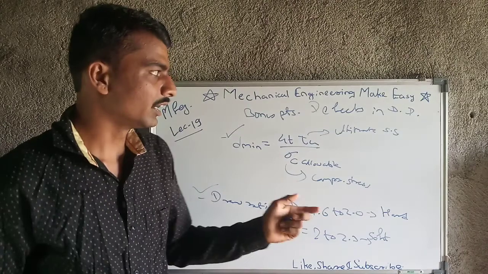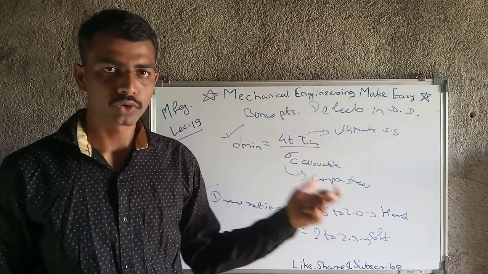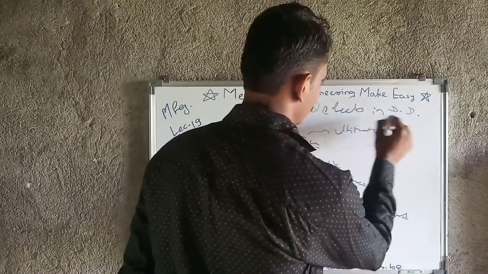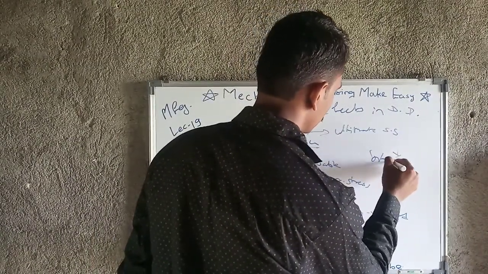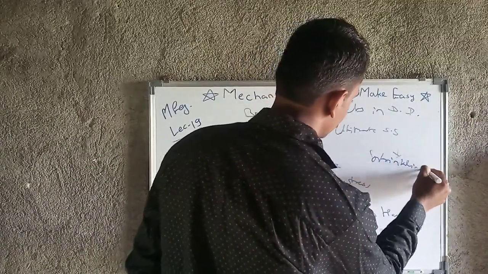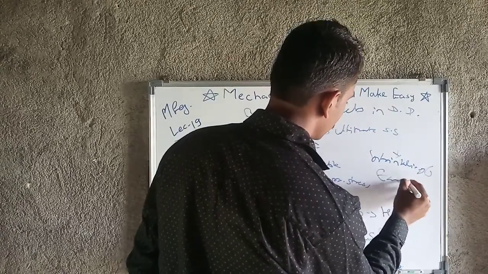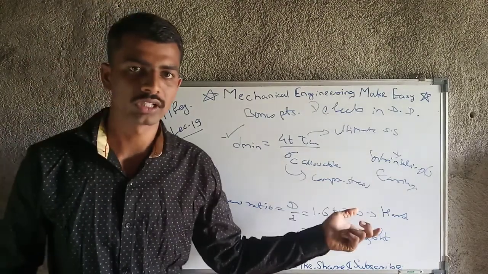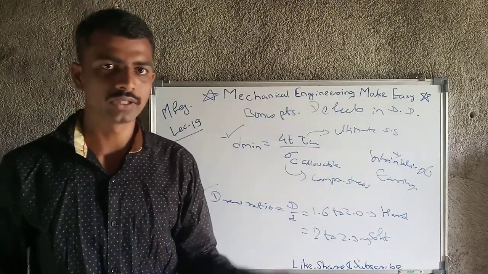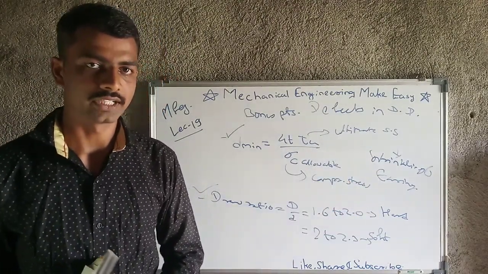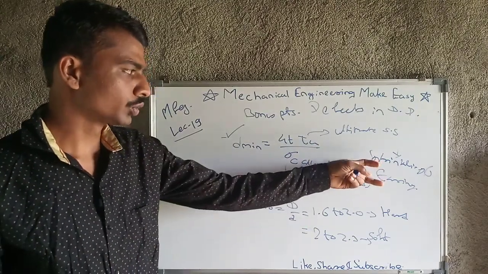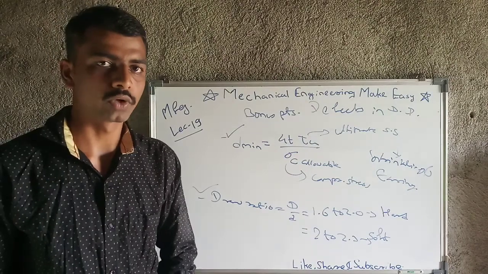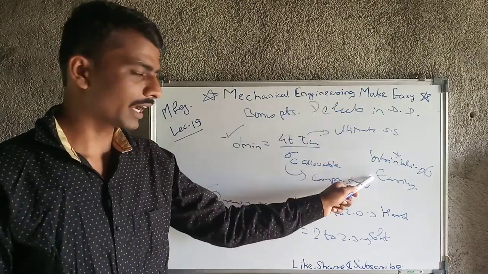Ultimately in deep drawing also there are some defects, like wrinkling and earring. These defects are not that important and are not going to be asked in depth in the GATE exam. You should only know the names of the defects that occur in deep drawing, that are wrinkling and earring.